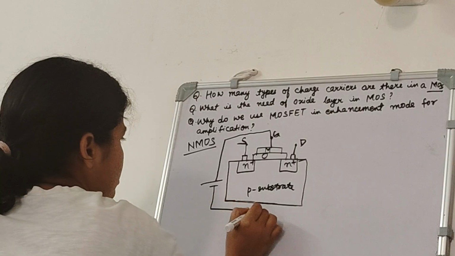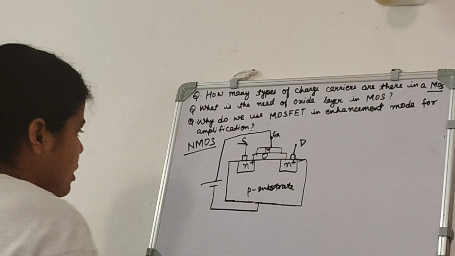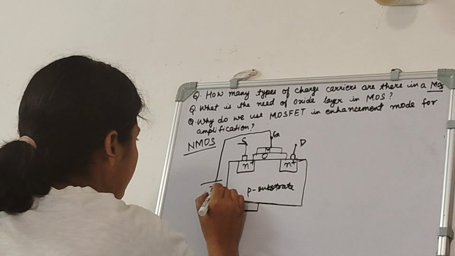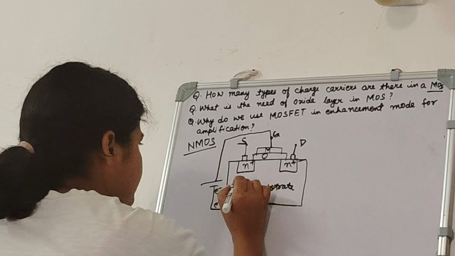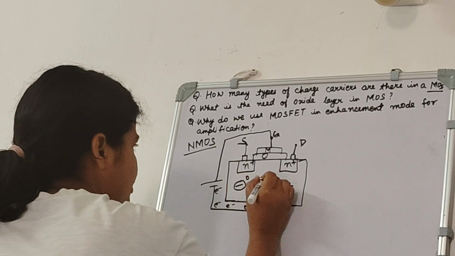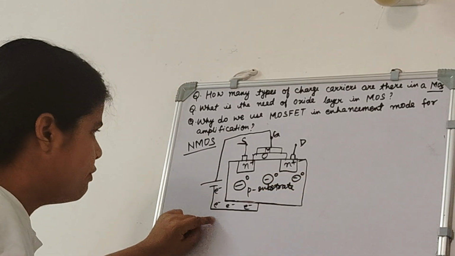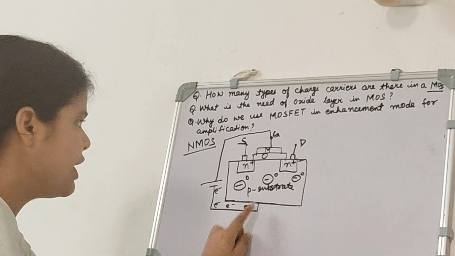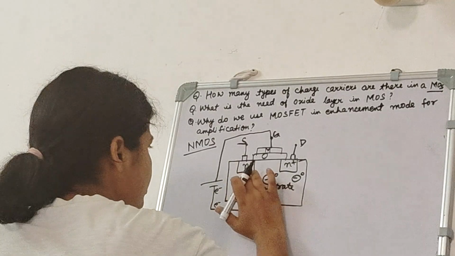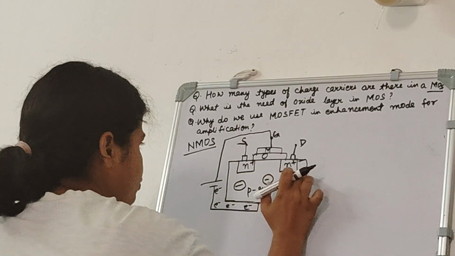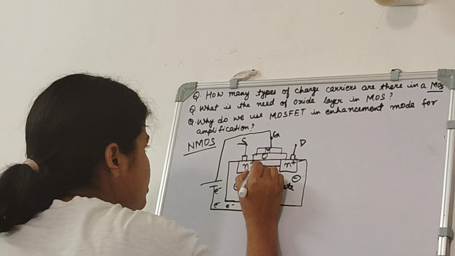So from the negative terminal of this positive voltage, electrons will come and they will go into the P substrate, and in P substrate what we have? We have negative ions paired with holes. So these electrons from the negative terminal will come and go into the P substrate, and they will recombine with these holes, and after the recombination of all the holes of the P substrate, still electrons will be going into the P substrate, and those electrons will form here the channel.